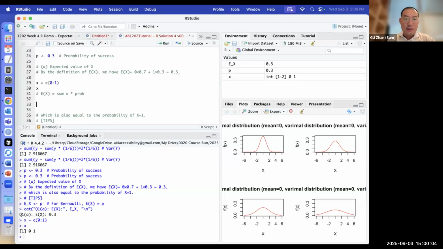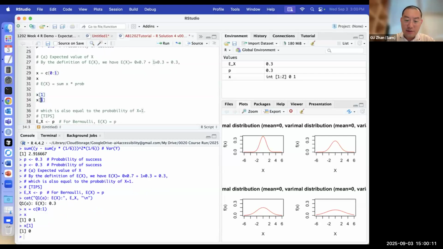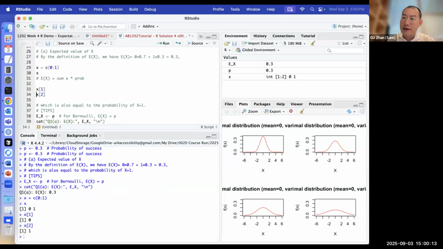So now X1 equals 0, X2 equals 1. X1 times the probability 0.7, right?